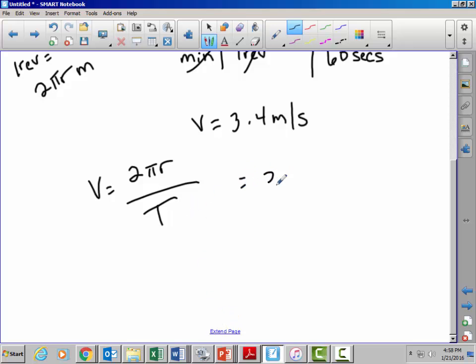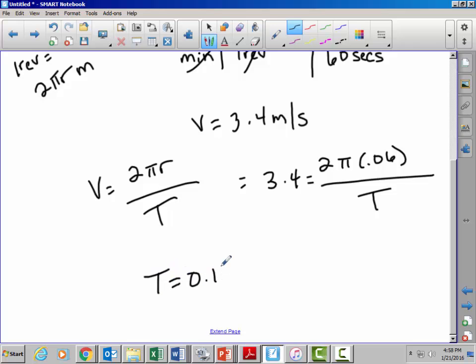Our velocity is 3.4. One revolution is 2 pi times 0.06, and all of that is going to be over the period. When we do that, we should get a period of 0.11 seconds.